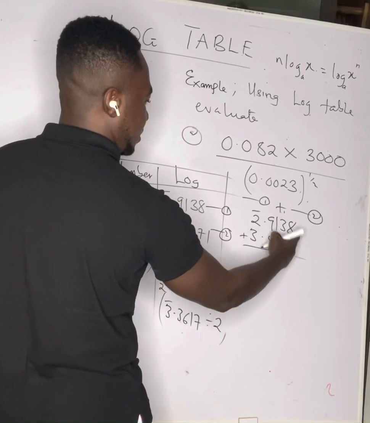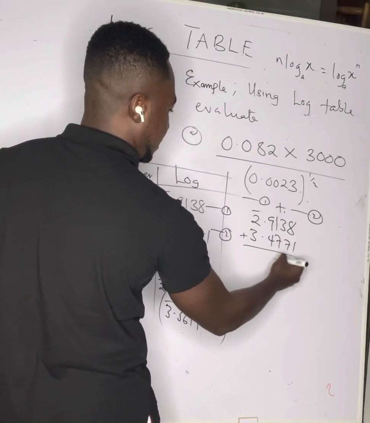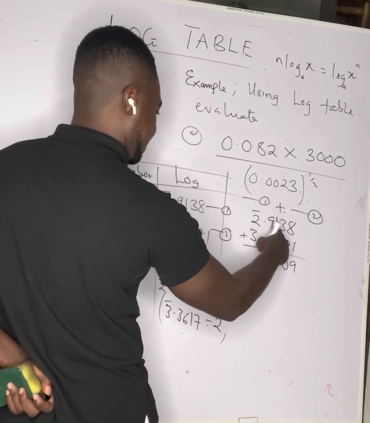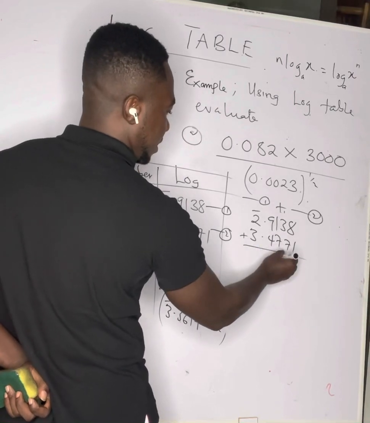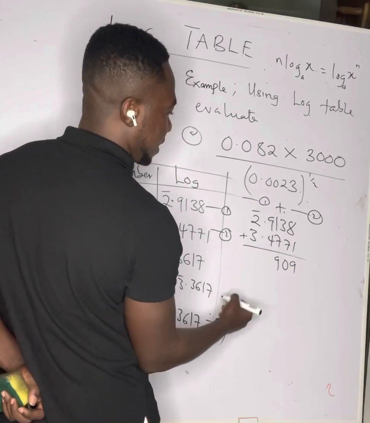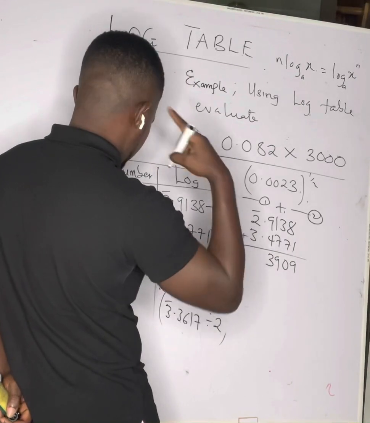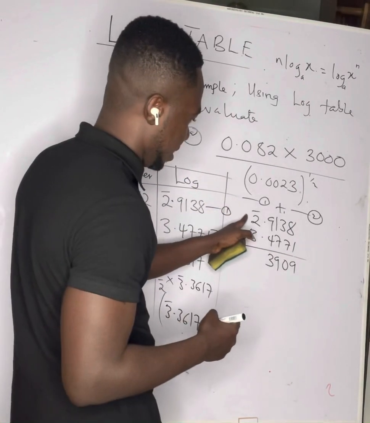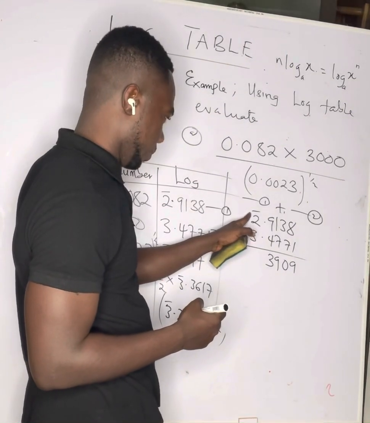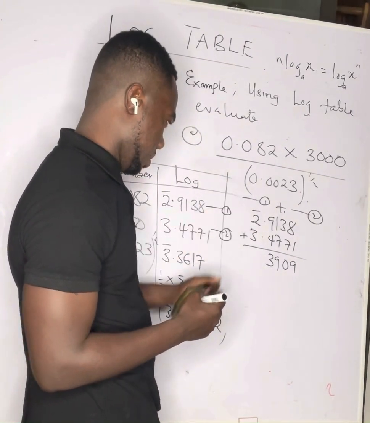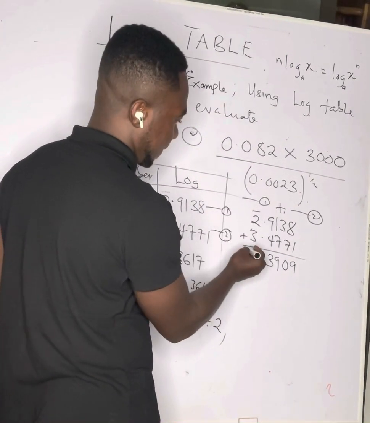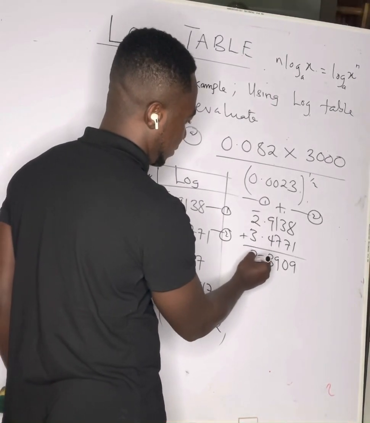So let's add it. This will give us 9, 10, remainder 1. 8, 9, 9 plus 4, we get 13, remainder 1. So the 1 will come here, already owing negative 2, making it negative 1 plus 3, giving us positive 2.